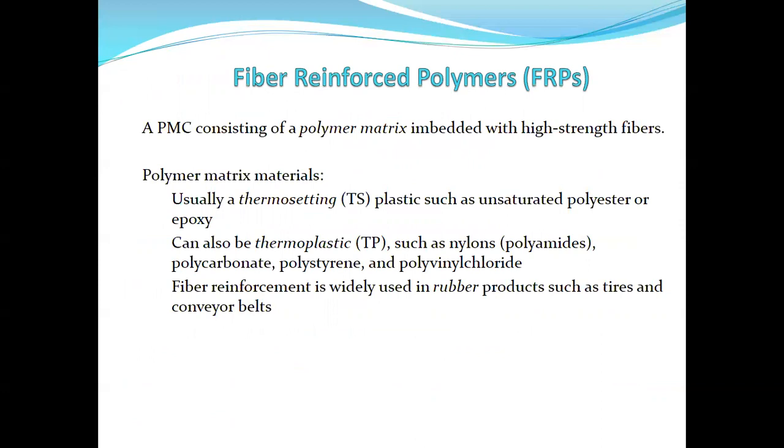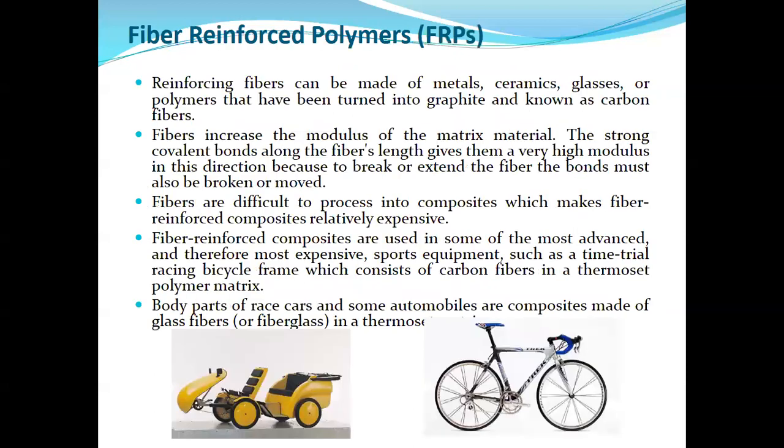Usually thermosetting plastics such as unsaturated polyester or epoxy, but it can also be thermoplastics such as nylon, polycarbonate, polystyrene and polyvinyl chloride. Fiber reinforcement is also widely used in rubber products such as tires and conveyor belts. And these are the fiber reinforced polymers.